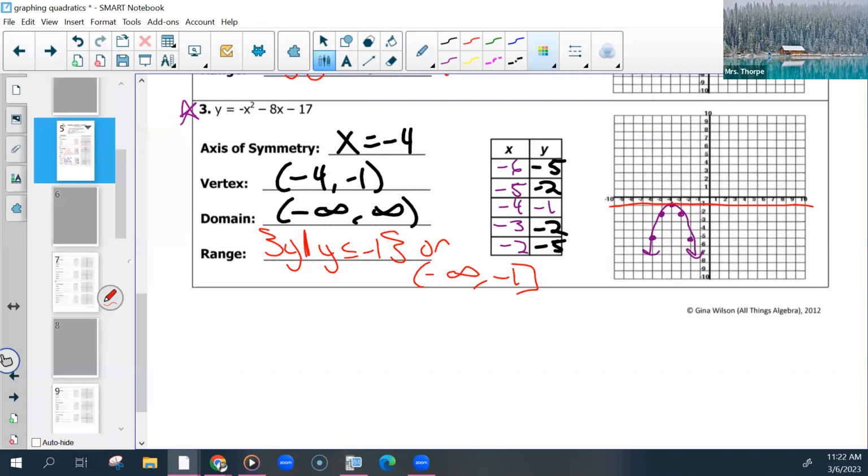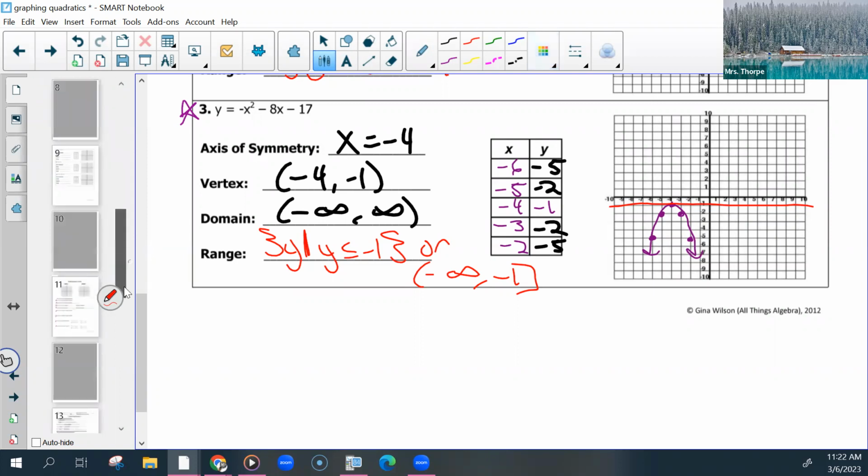I could say next few pages. If not, find the place that looks like this.